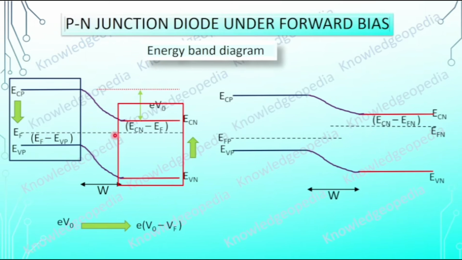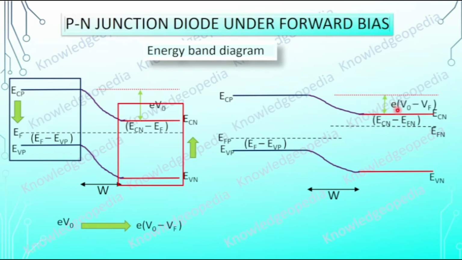Earlier the Fermi level was the same for both sides, P side and N side. Now I have written EFP as the position of the Fermi level at P side, and EFN as the position of the Fermi level on N side. So the difference between these two is equal to ECN minus EFN, and here it is EFP minus EVP. And what is this difference in energy?